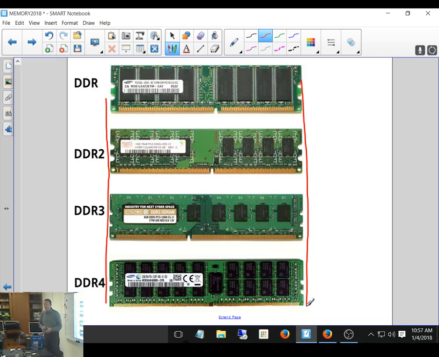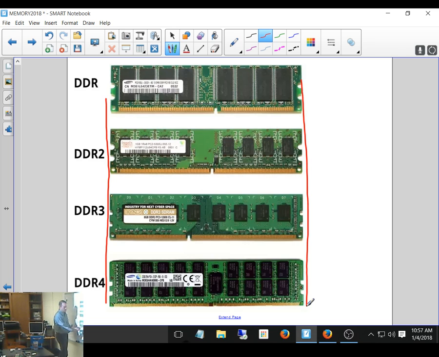What has changed is the notch, so you can't physically get the wrong one in the wrong motherboard. Although I've had a number of people try, and they break their motherboard because they'll just buy one, and I teach you guys you got to put some pressure on it to get it in. But I also say you got to line up the notch first, and people will just go until they've snapped something. Because if it's the wrong one, it's not going to go in.